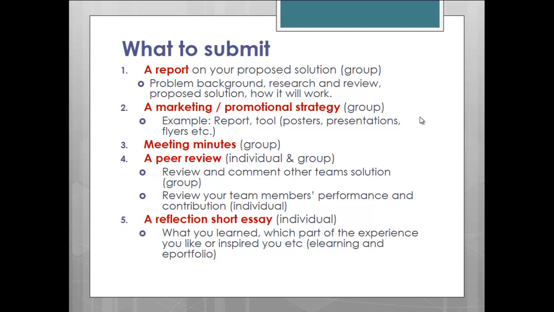So there are 3 things that you do as a group and 1 thing that you do as an individual within your e-portfolio. Put it into a folder in e-portfolio, get that link and put it in e-learning. Make sure that e-portfolio is set to shared, so that I can click on the link in e-learning and come to your e-portfolio to give you marks. That is compulsory, by the way.